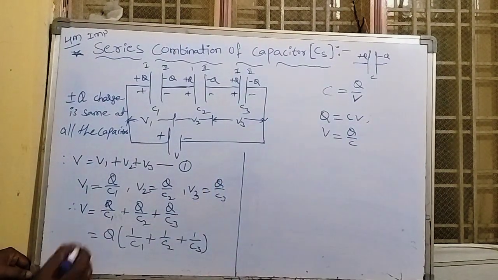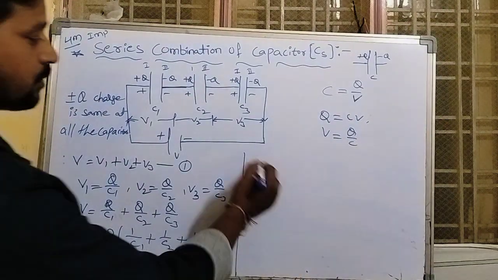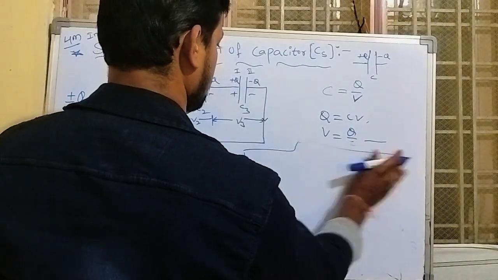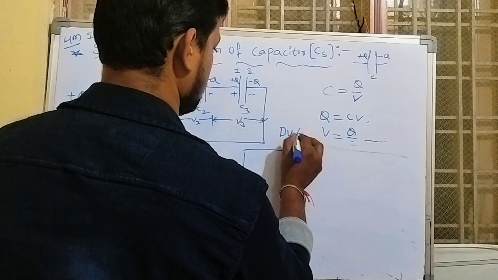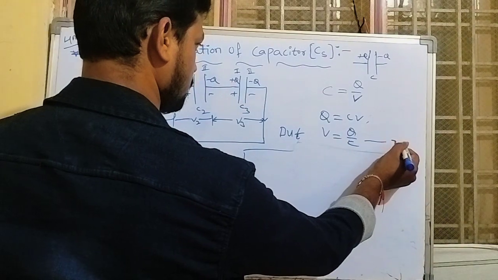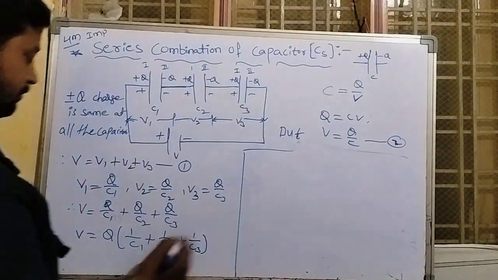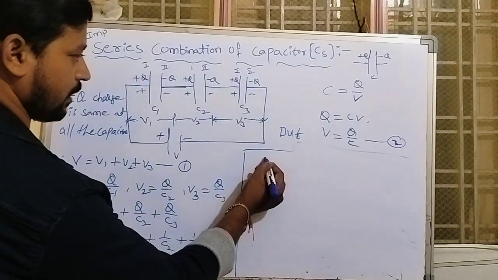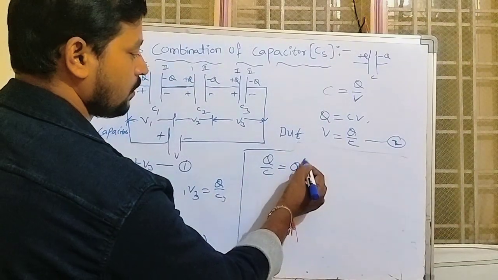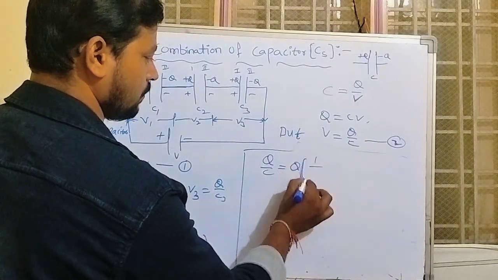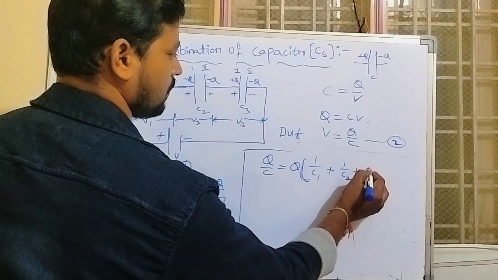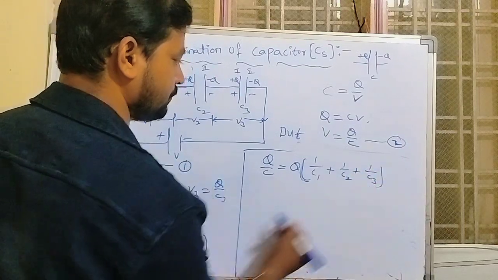This is the V value. Substitute the V value also, that is V is equal to Q by C. This is equation number 2. Substitute in the above equation. We can write Q by C is equal to Q into (1 by C1 plus 1 by C2 plus 1 by C3).